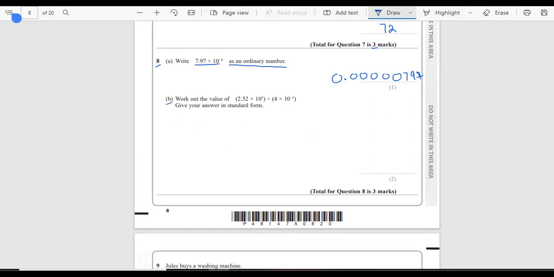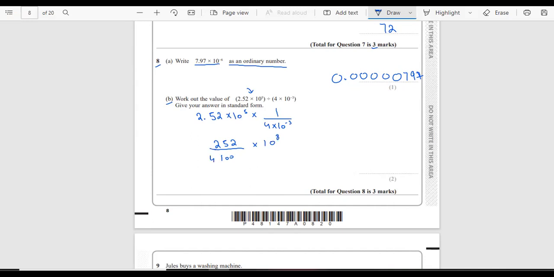What about the second question? It says work out the value of this, give your answer in standard form. So can you try this? Divided by 0.4.